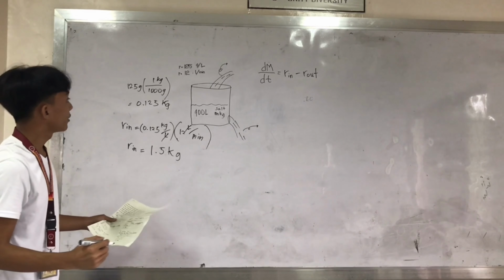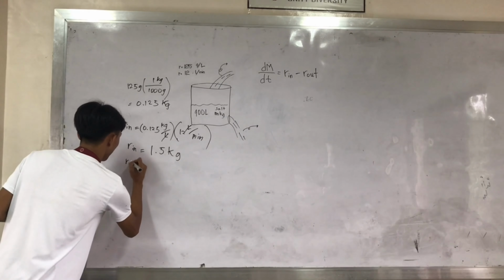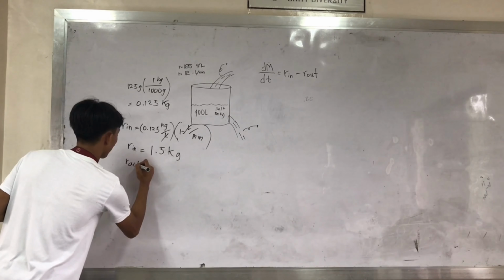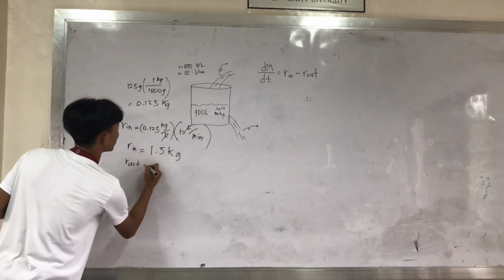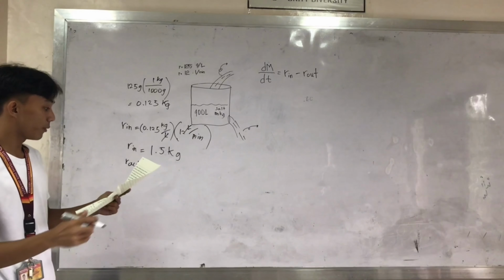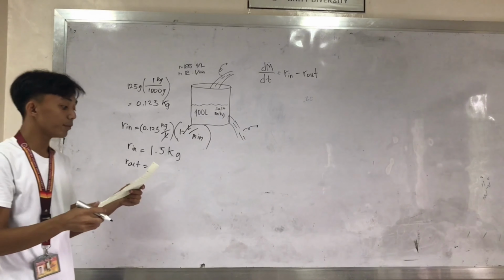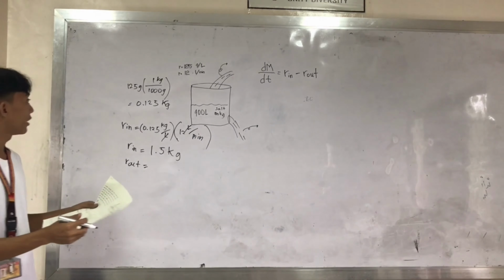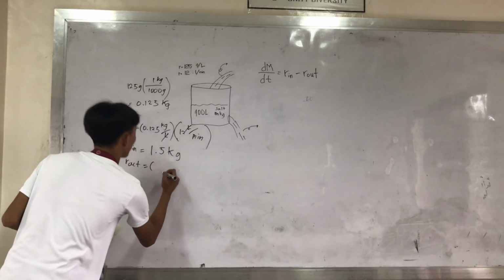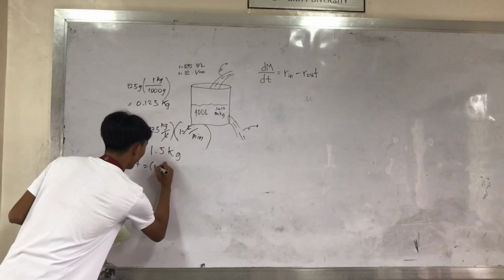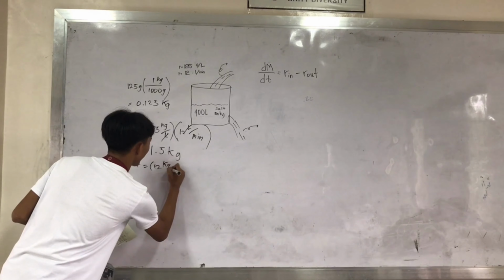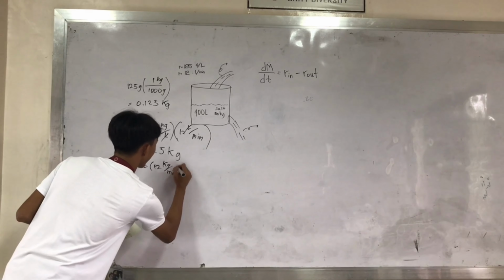Next is the Rout. To solve the Rout, the problem states that the in and out have the same rate, so it is also 12 liters per minute.